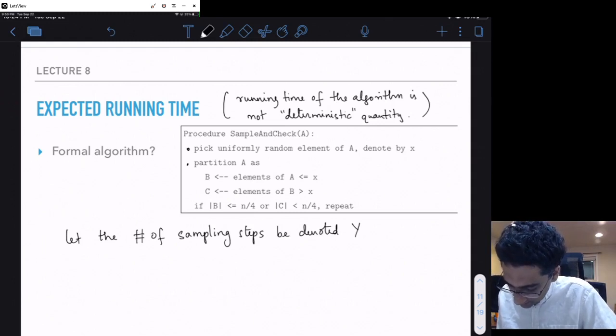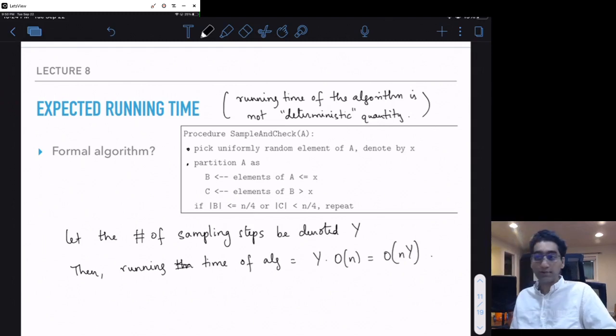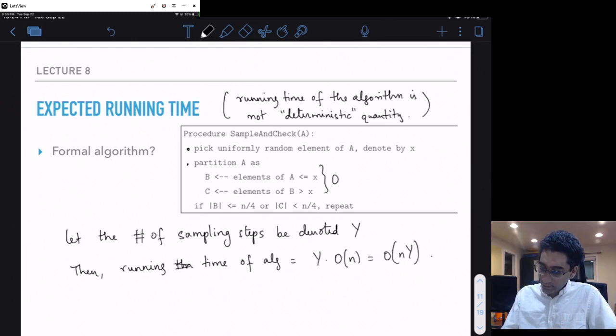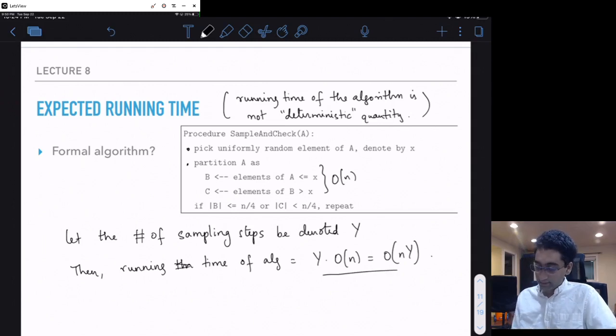Then the running time of the algorithm is exactly Y times O of n, which is O of nY. This is what we just saw: each of these is just O of n. Therefore, if you had to do this retrying Y times, then this is exactly the running time.